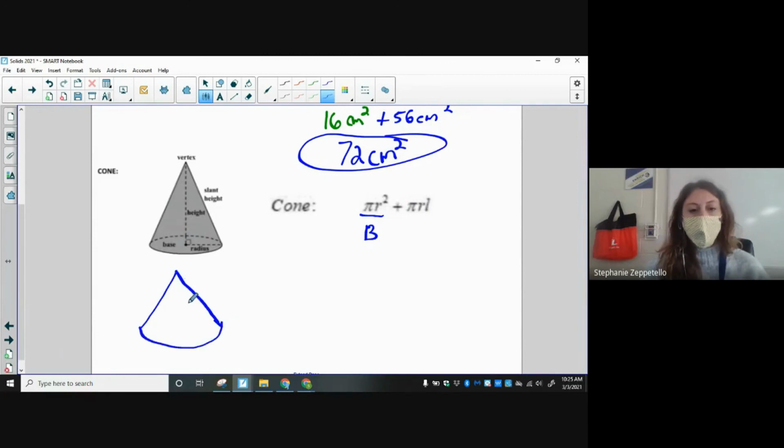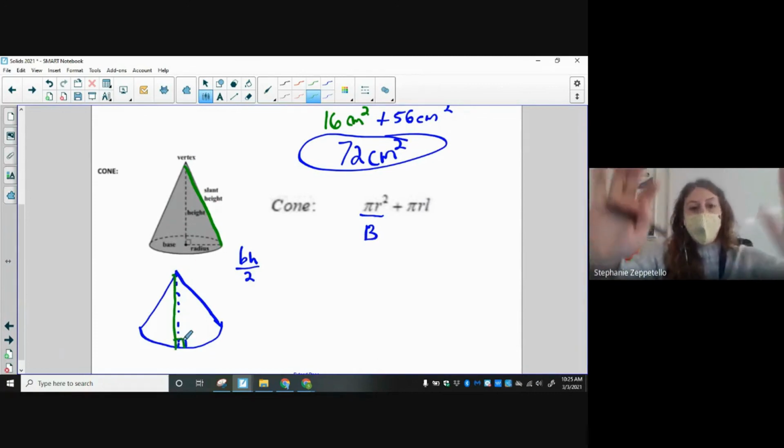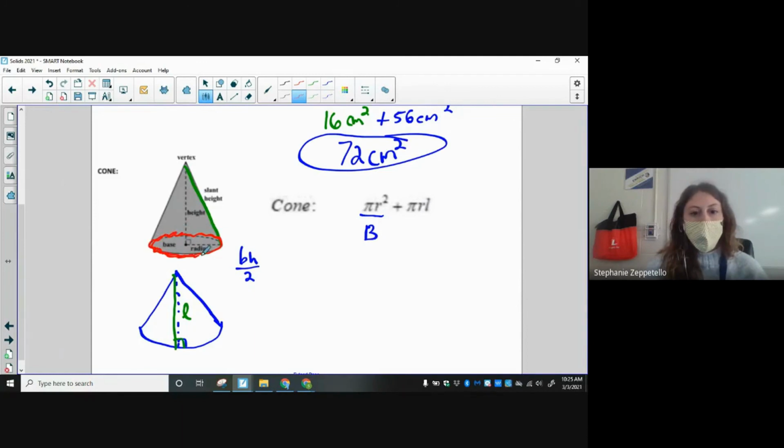gorgeous, gorgeous, funky triangle, it's still based off of the area formula for a triangle, right? So here's your height, but again, it's not this height, it's going to be the slant height. If I unwrap this cone, this height is right here, right? It's as if I unwrapped it and then stuck it on a wall. So this is the slant height. The base of the lateral face, same thing, should be making sense from that cylinder explanation.